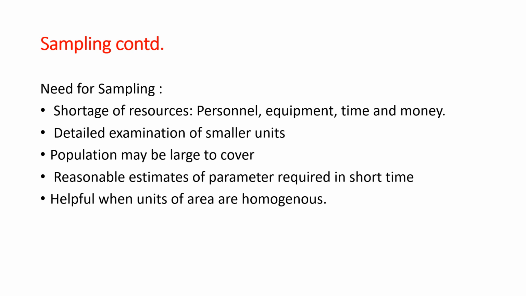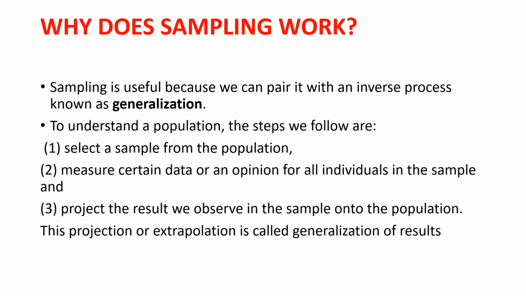So sampling helps us by optimizing the resources, helping in detailed examination of smaller units, smaller population to cover, and reasonable estimates of parameters required in short time, helpful when units of area are homogeneous in nature.